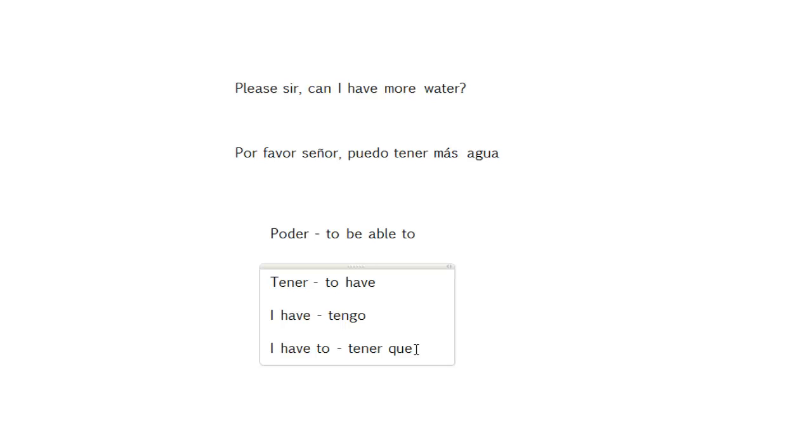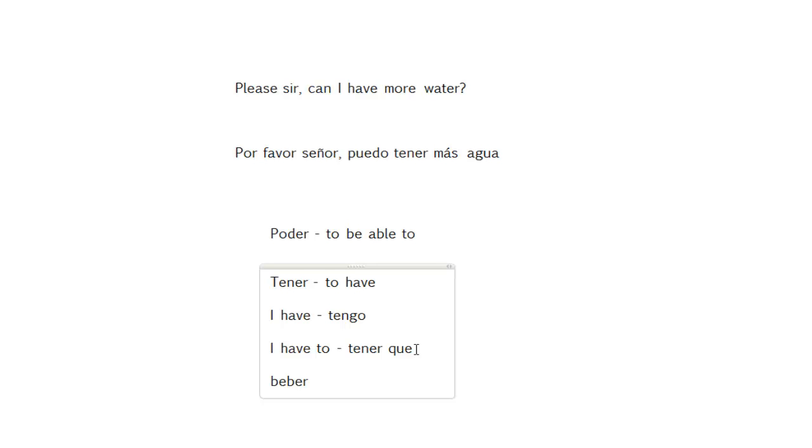So tengo que. We want to say I have to drink. Remember what to drink is, from the other class, beber. Let's just spell it here.